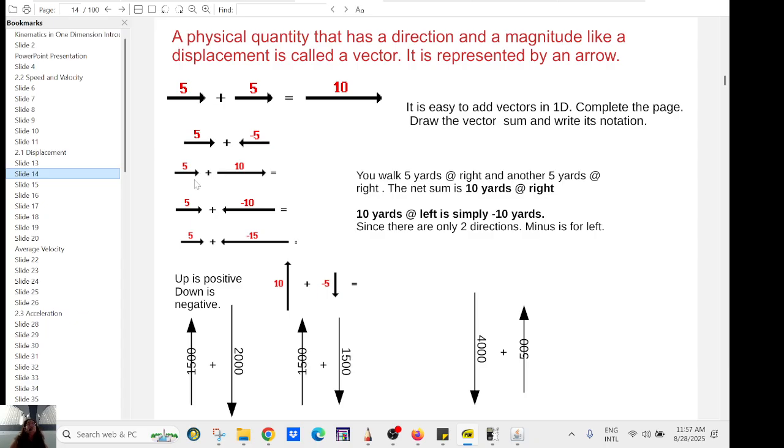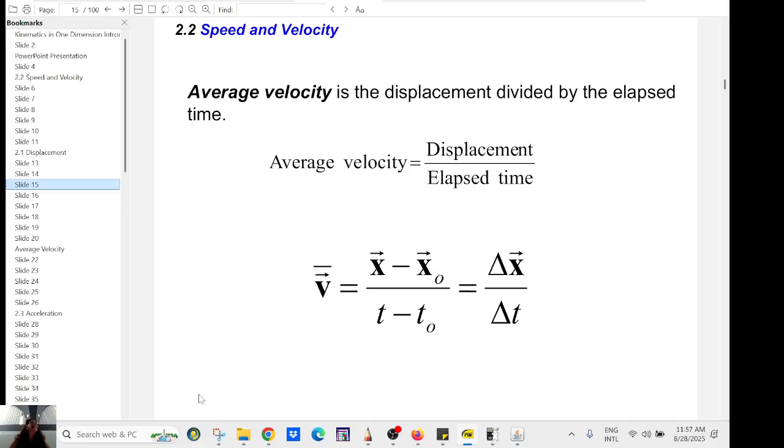So 5 blocks to the right, 10 blocks to the right, it's going to be 15 blocks. Very good. Or if you throw something 1,500 feet and then it goes down 2,000 feet, what's going to be the displacement vector? Negative 500. Okay, so this is called adding vectors.